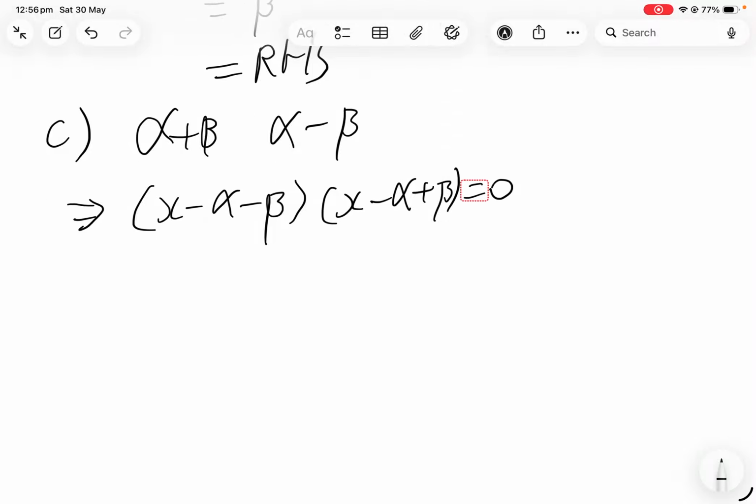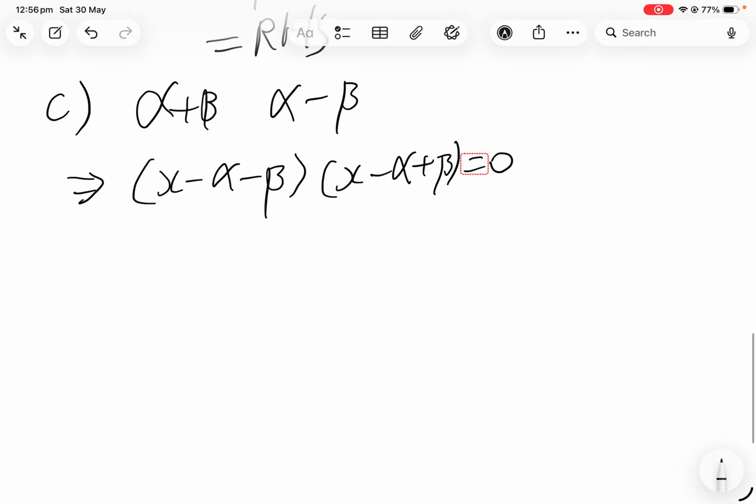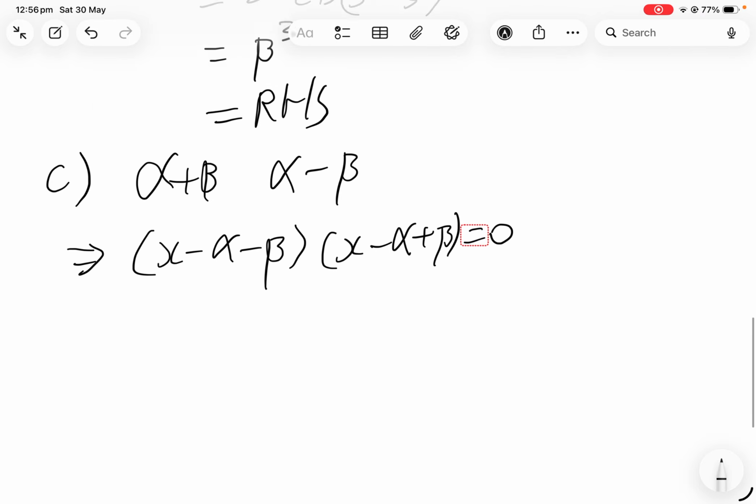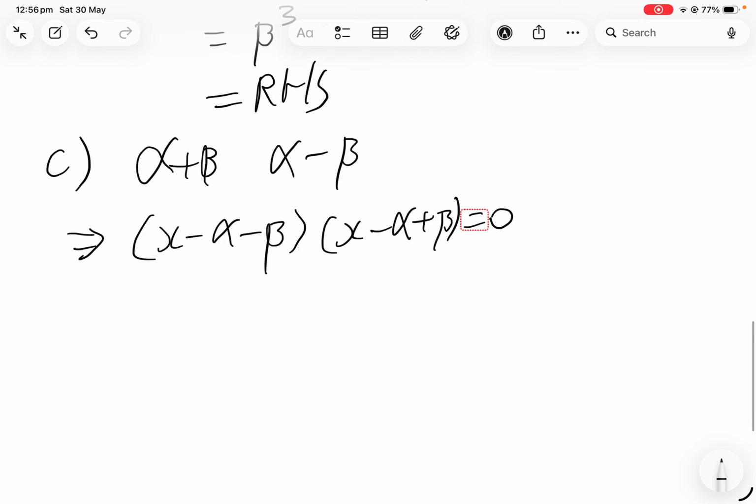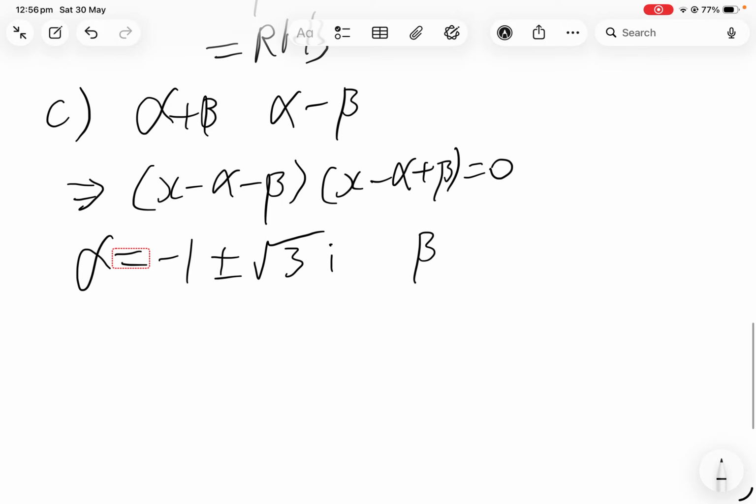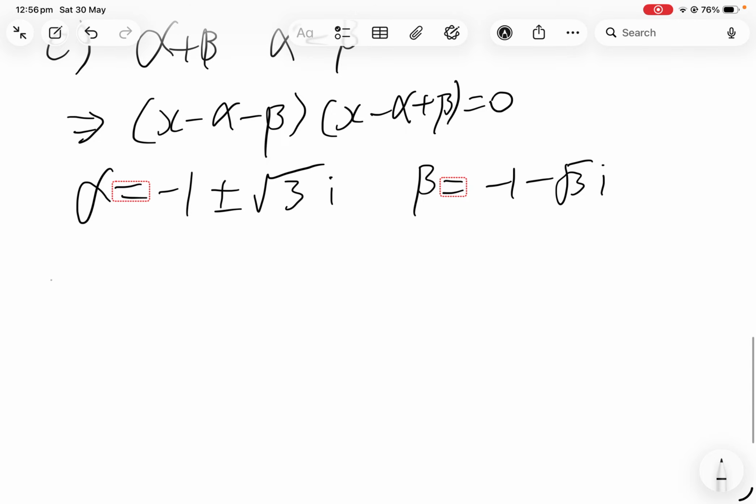That's the polynomial. And we can sub alpha and beta in. So alpha in rectangular form is negative 1 plus square root 3 i, which was what we set it as, and beta is negative 1 minus square root 3 i.